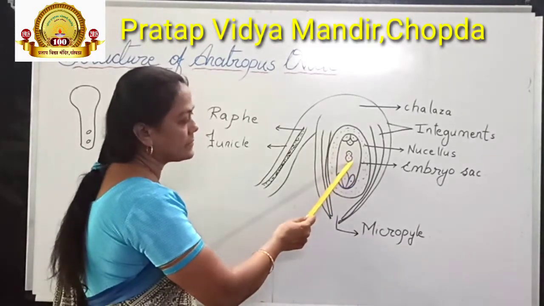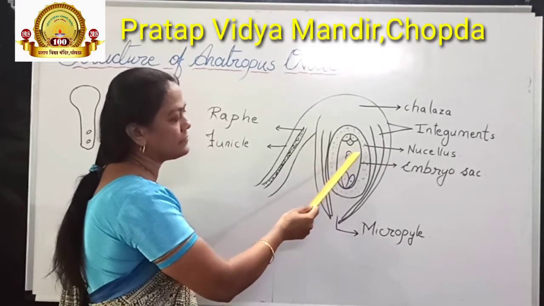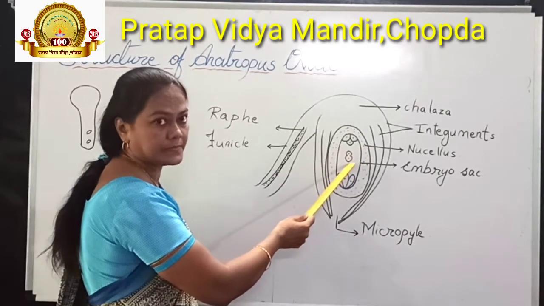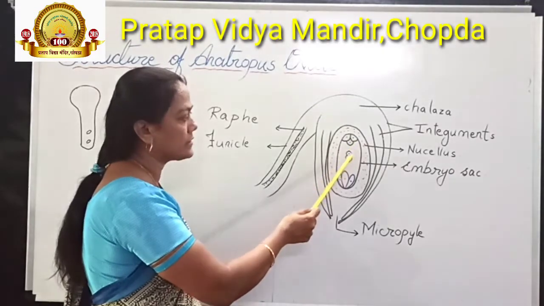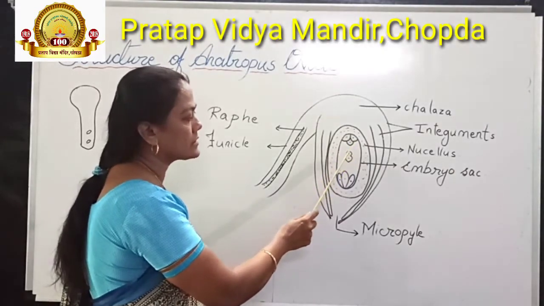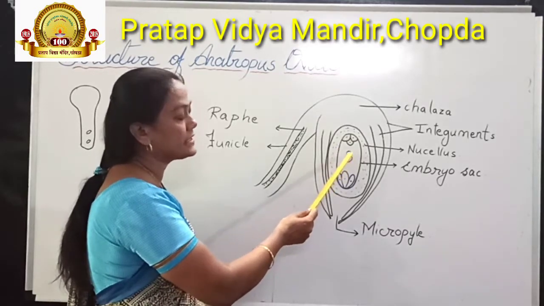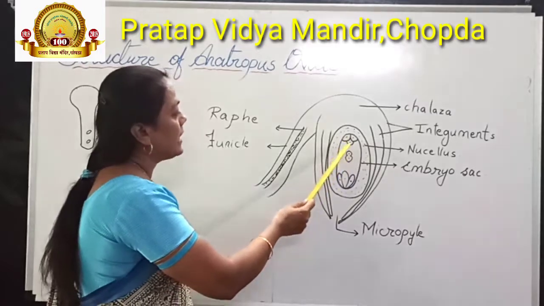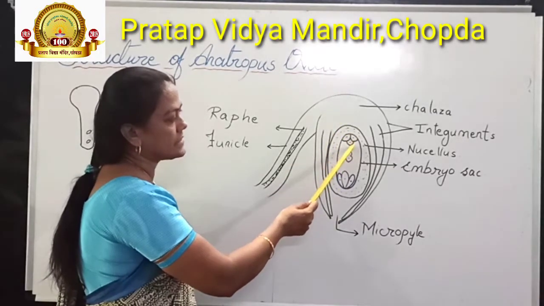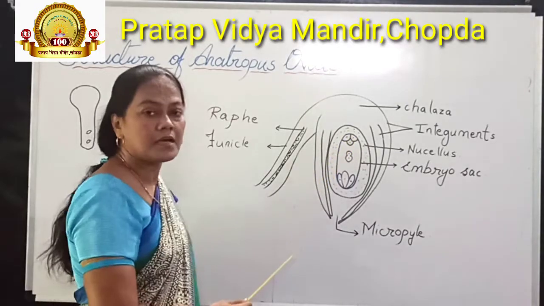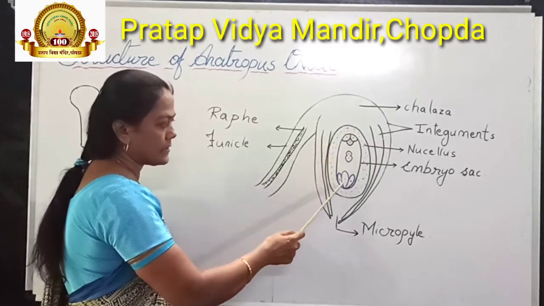In the center, the secondary nucleus is present. It is formed by the fusion of 2 nuclei. Hence, 2 nuclei unite and together form a single cell, but having 2 nuclei means it is in diploid condition. And towards the chalazal end, 3 cells are present. These 3 cells are called antipodals. This is the embryo sac.